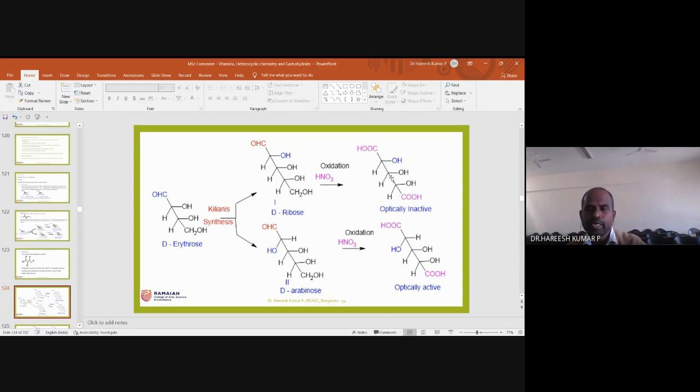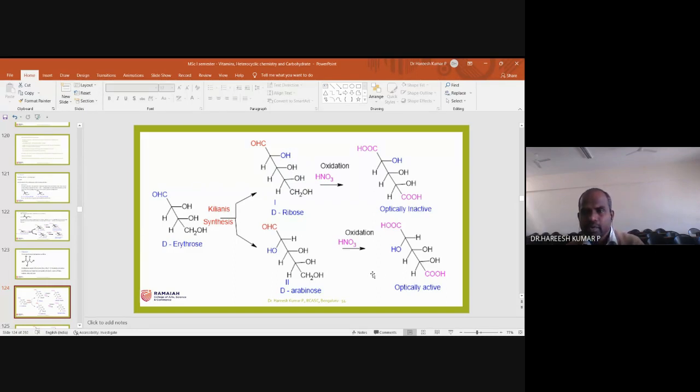More particularly, what you can observe is that there is a plane of symmetry passing through this carbon atom. Since this molecule contains a plane of symmetry, the compound is optically inactive.